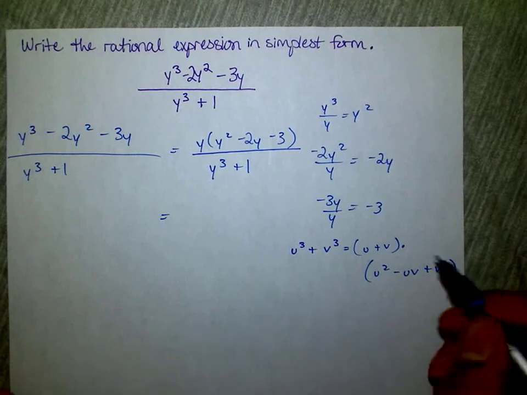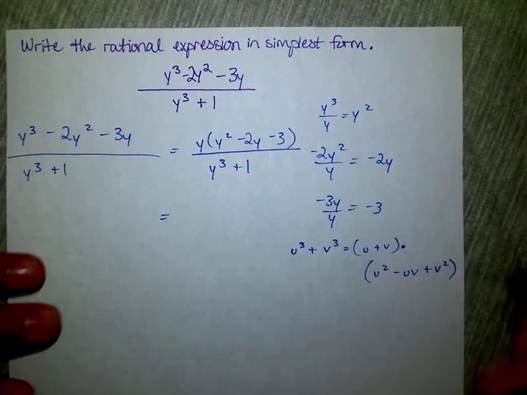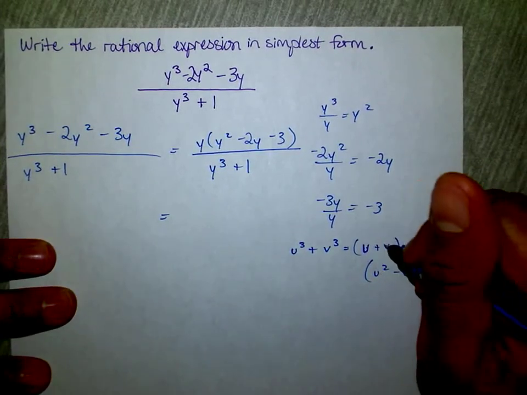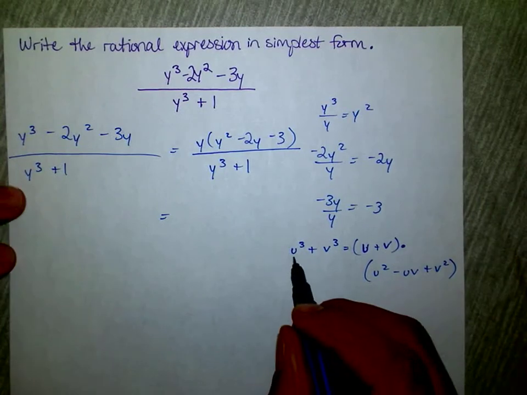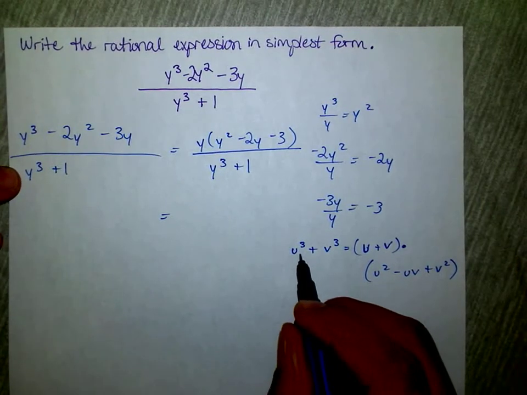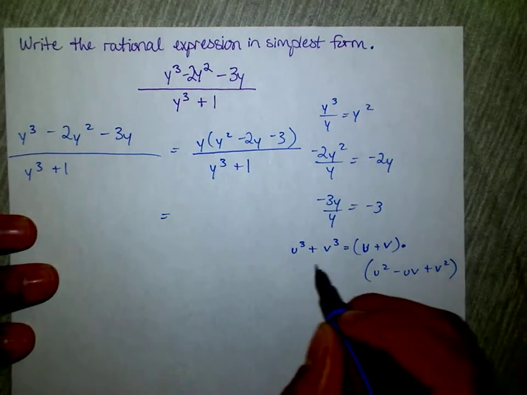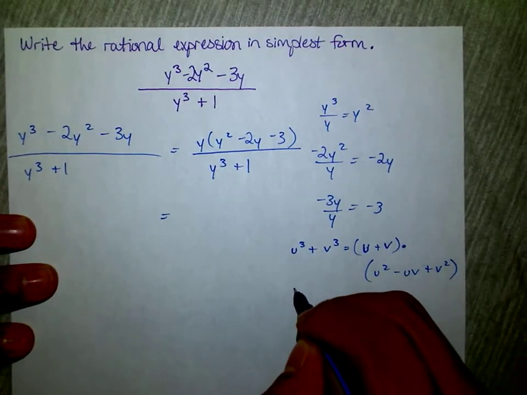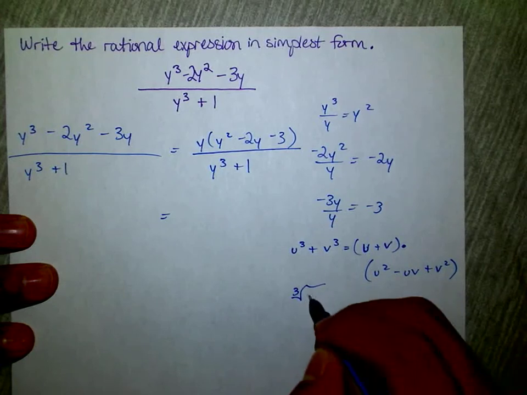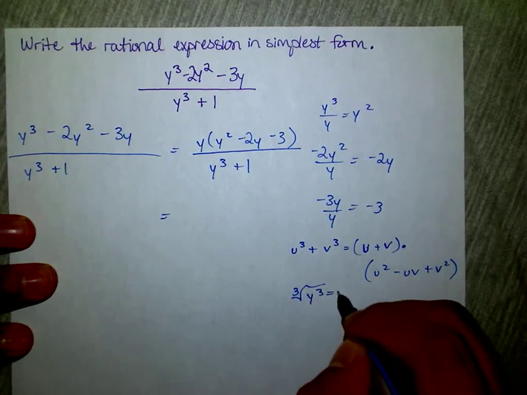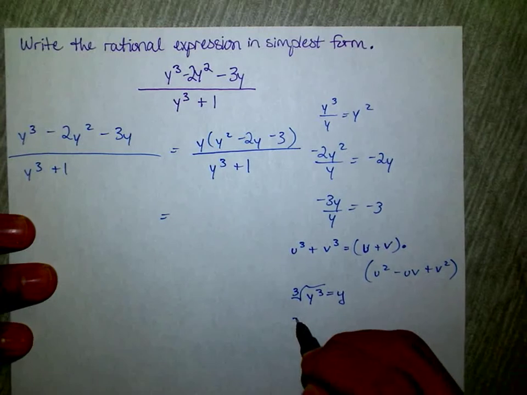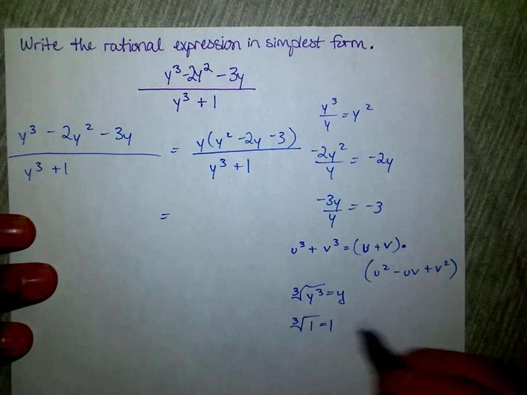Now, we need to figure out what u and v are going to be. Well, our u cubed is the same thing as our y cubed, and our v cubed is the same thing as our 1. So, immediately I want to go ahead and take the cube root of y cubed, which is y. And then I do the cube root of 1, which is 1.